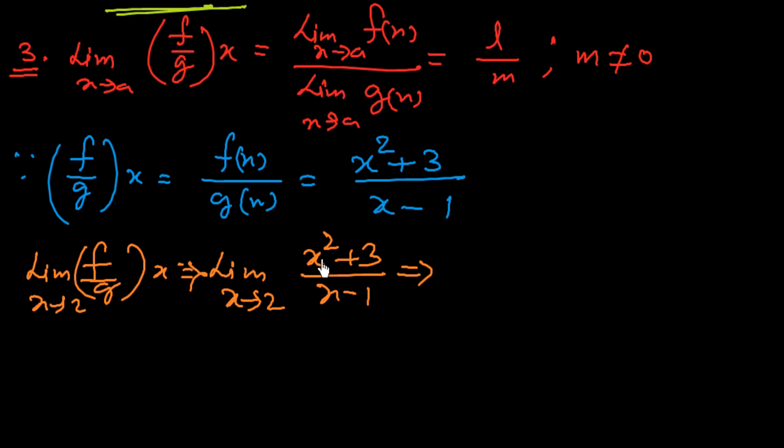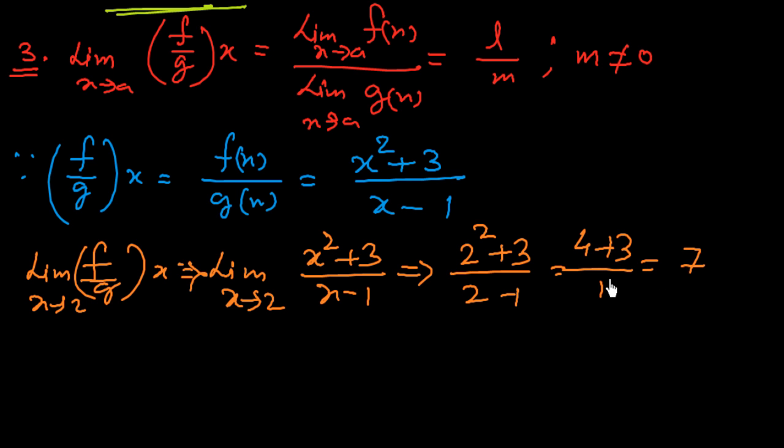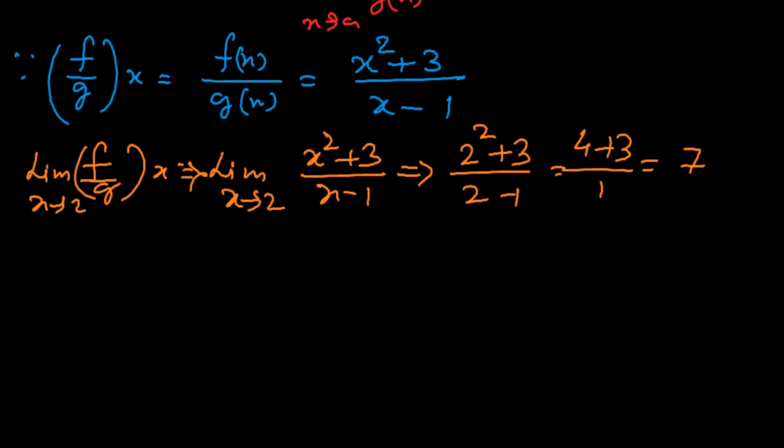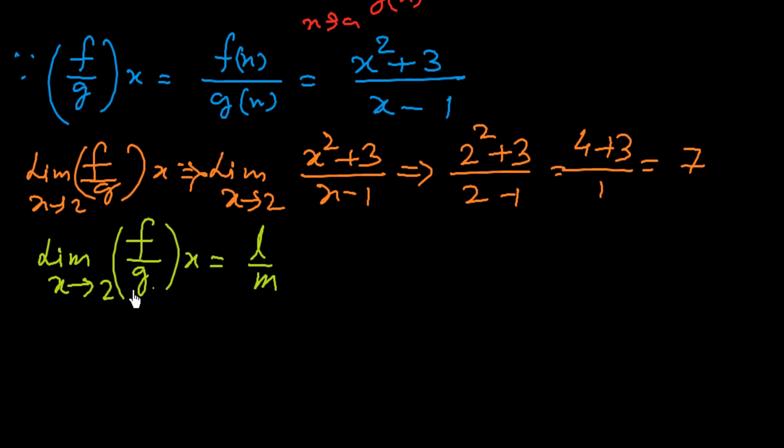So now we put these values here. Instead of x we put 2. So it is 2 square plus 3 over 2 minus 1, which is 4 plus 3 over 1, which is 7. So now we will prove this. Here we have to verify that limit x tends to 2 for f over g of x is equal to L over M. So we know that this limit is 7 and L is 7, we know that, and M is 1.